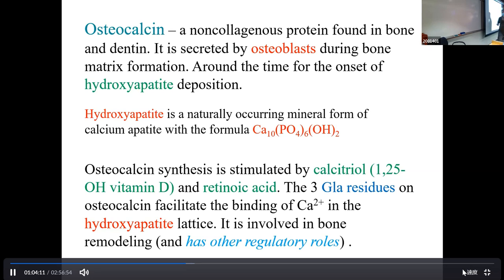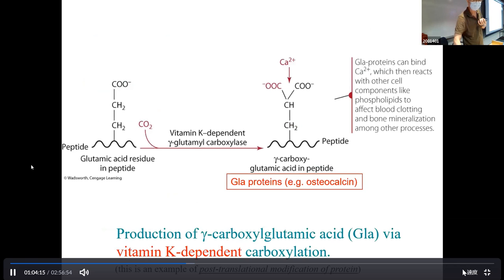Now, if we see this diagram, remember I said glutamic acid, glutamic acid in a protein. Only showing you here will be the glutamic acid part.